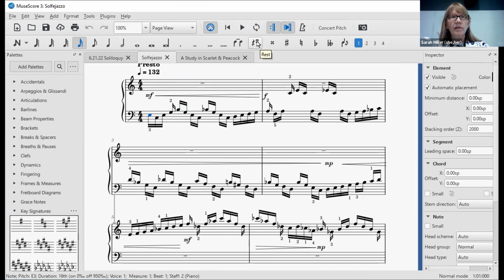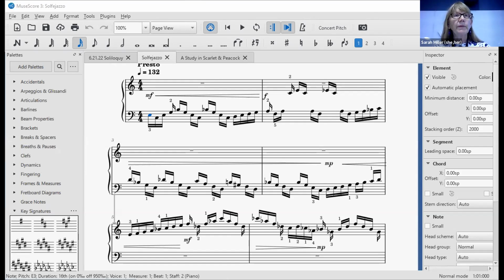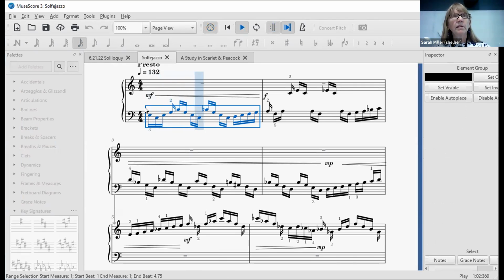Look in Zoom. Try this one. Nope, we'll try the other one.